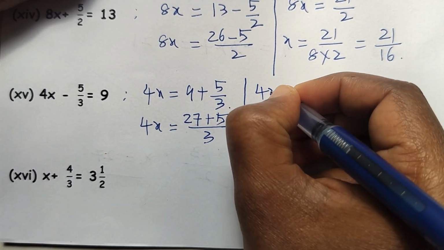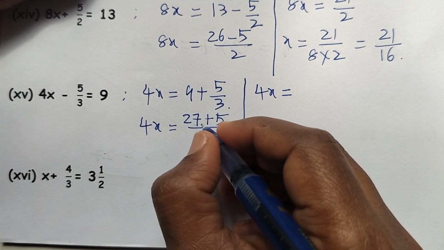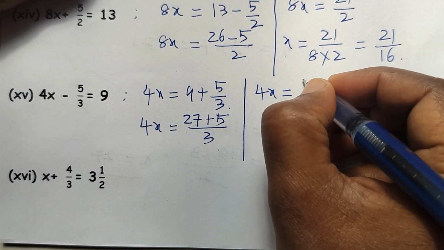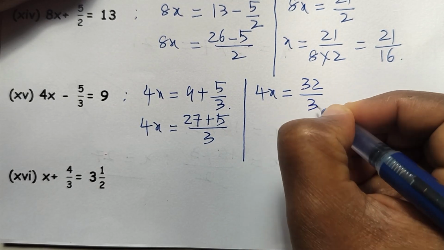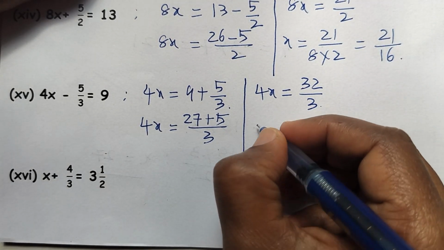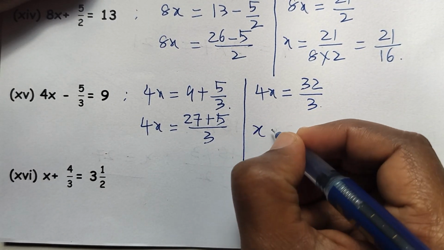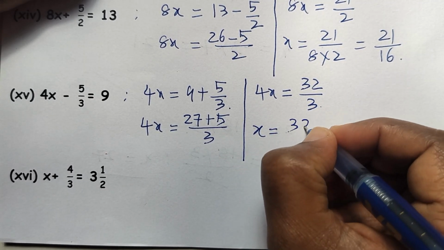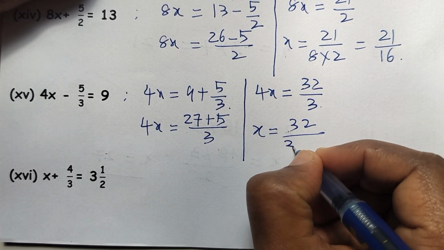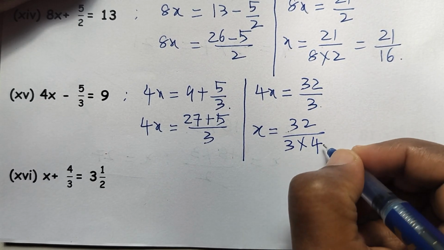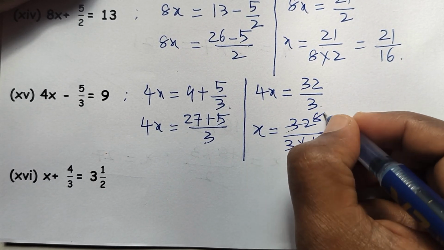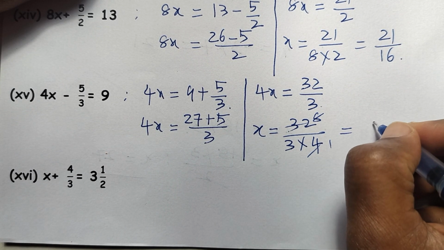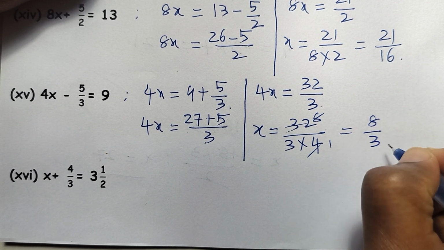So 4x equal to, 27 plus 5, it will be 32 by 3. So x equal to 32 by 3 into 4. So 4 ones are 4, 4 8s are 32. So that will be x equal to 8 by 3.